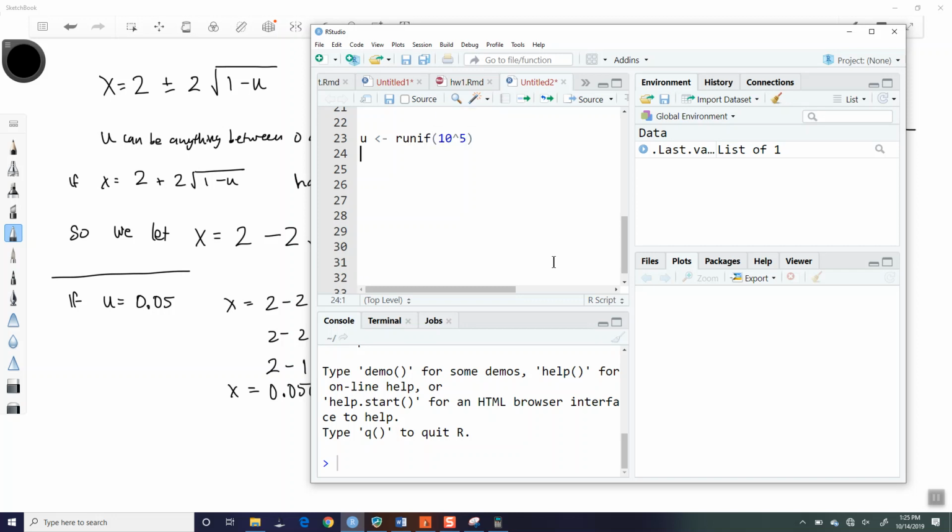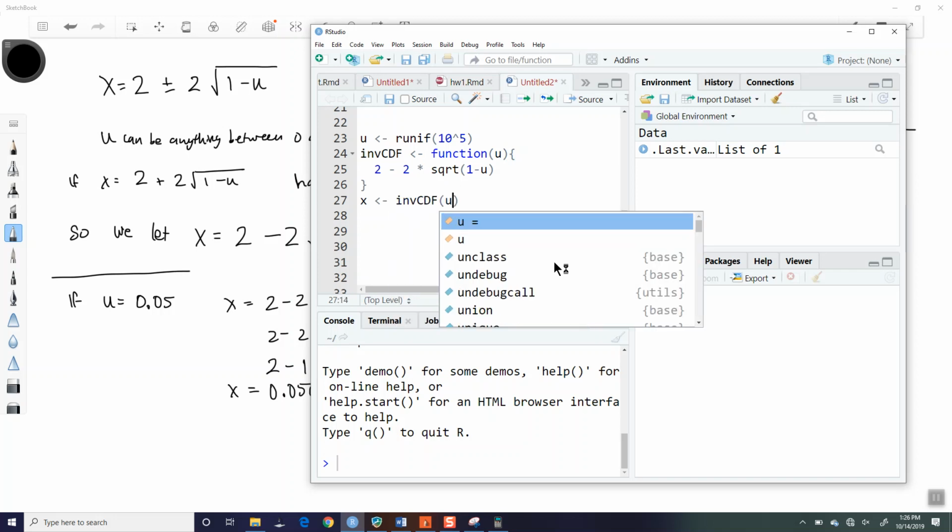We'll ask for 100,000 of these things. And then our function, I'll call this inverse CDF, is going to be a function of u, and what it will return is 2 minus 2 times the square root of 1 minus u. That looks right to me. So we'll just do inverse CDF of u.